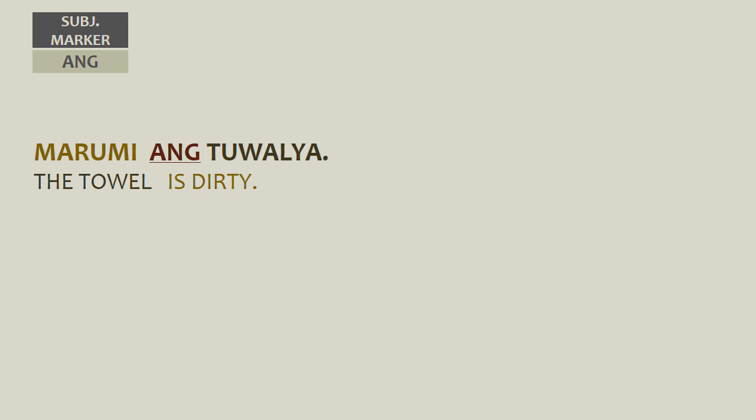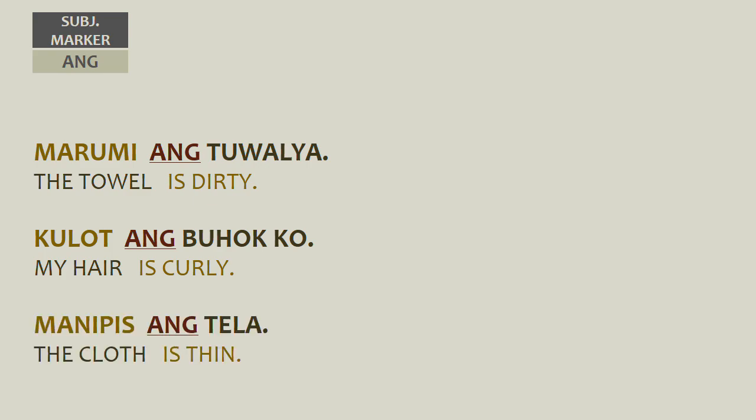A couple more. Kulot ang buhok ko. My hair is curly. Manipis ang tela. The cloth is thin. Again, we are using ang, the subject marker. However, when you are going to use an adjective with napaka, we no longer use a subject marker. Instead, we use its corresponding object marker.